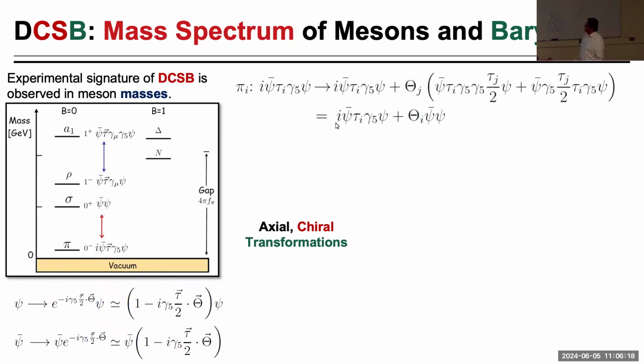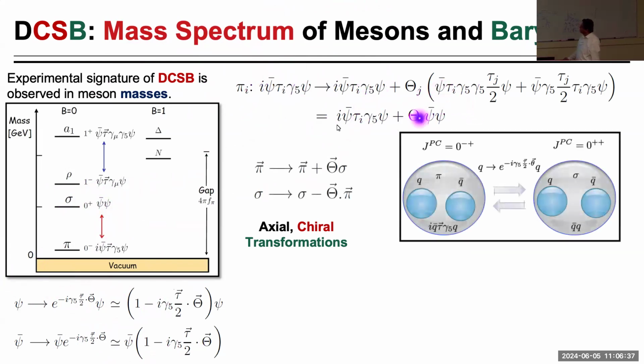And then you study how a pion field will transform under these transformations: you take the fermion field, do the transformation. This is one of the things you can do, fill in the steps in your homework. And when you study it, you will see that this field, in fact, transforms to this plus this.